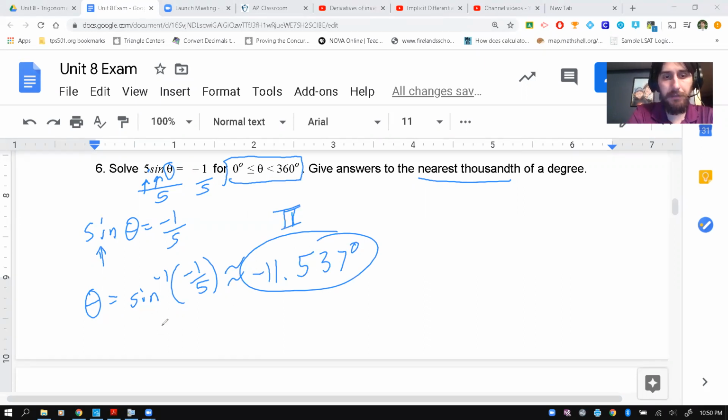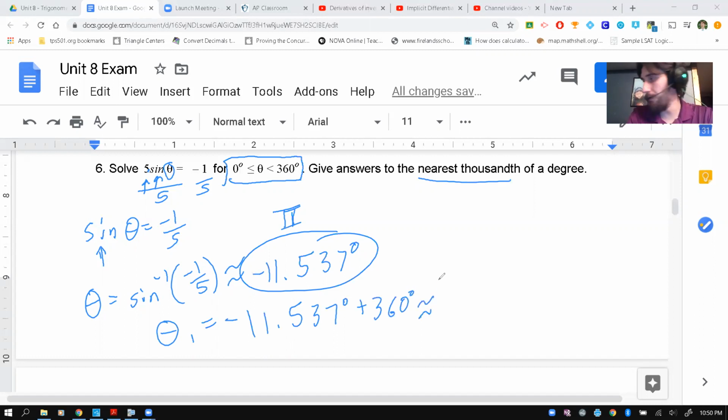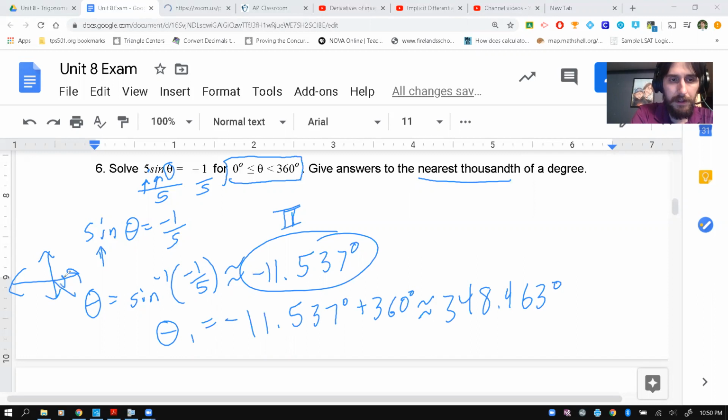So in order to find that, I'm going to take -11.537 degrees and add 360 degrees to it. And if you did that, you will get about 348.463 degrees.